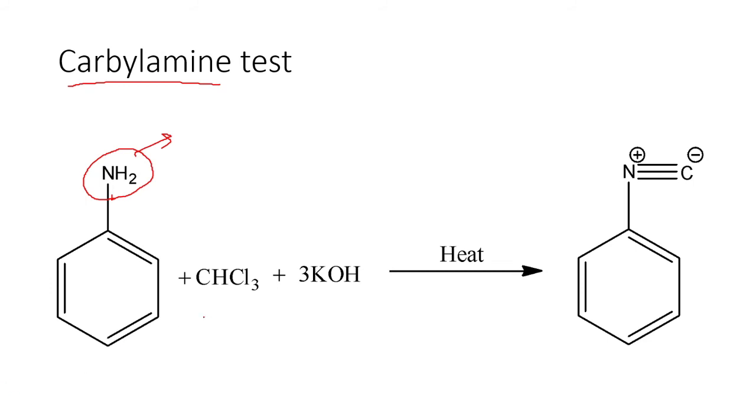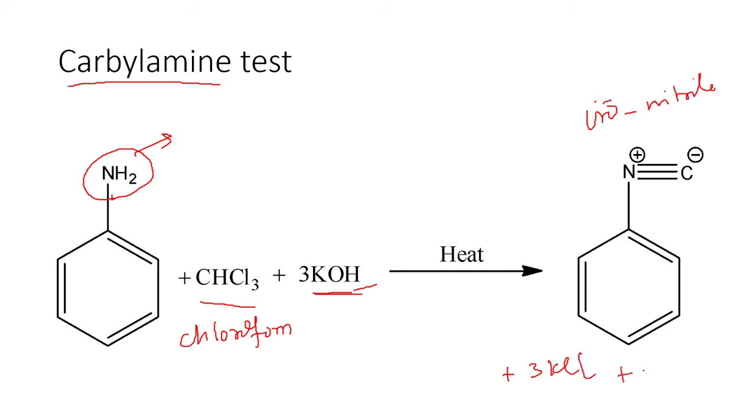So this primary amine, when it reacts in a chloroform medium, in the presence of an alkali, here is KOH, and we raise the temperature by heating it, we will get this isonitrile, plus we will get byproducts like 3KCl and 3H2O.